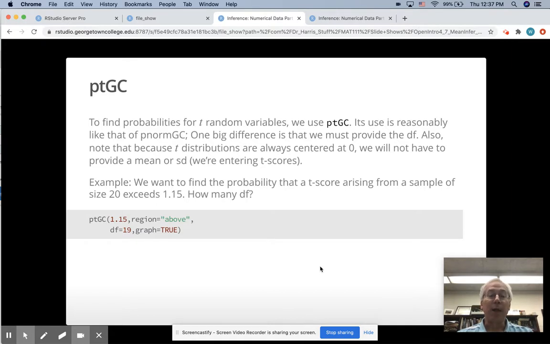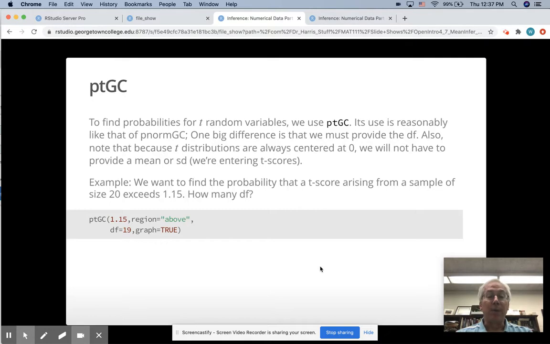We don't have to supply a mean and standard deviation like we did with pnorm GC because we'll always be assuming that the mean of a t-distribution is 0. And so we just give it the t-score, a range, a number of degrees of freedom, and then graph equals true will help us visualize what we have on hand.